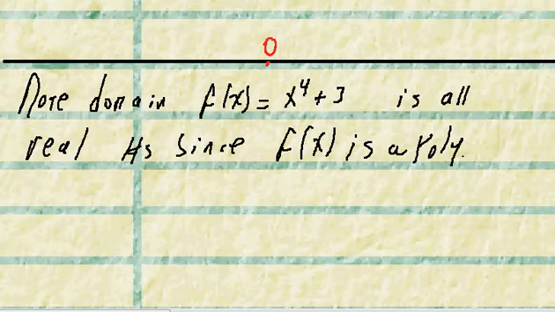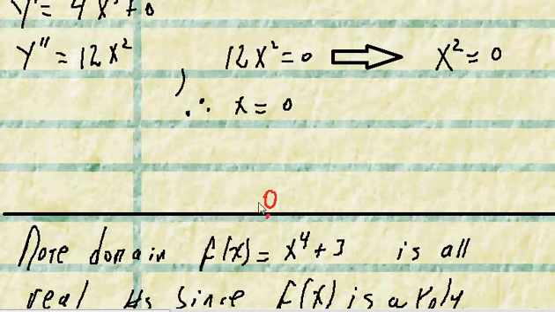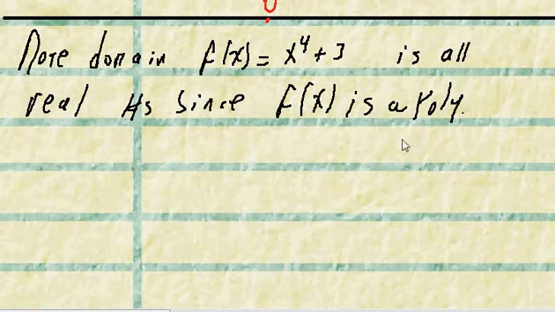Okay, so I am going to take the alleged x coordinate for the inflection point, x equals 0, and using it, I am going to break the domain of the function f of x into a union of open intervals. Not actually the whole domain. I'm going to extract 0 from the real line, and I'm going to be left with 2 open intervals, which I'm going to write right now.